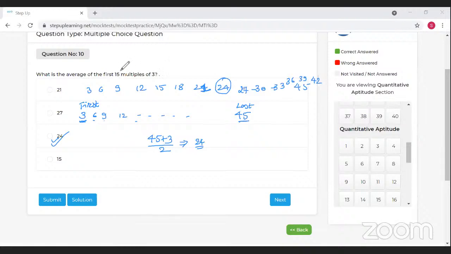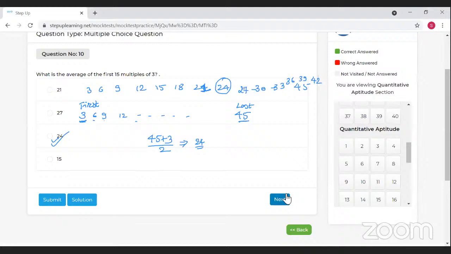First 15 multiples of 3 means what? 3 into 1, 3 into 2, 3 into 3, and so on up to 3 into 15. And 3 into 15 is 45. Got it? Okay. I hope this is clear now. Whenever it is an arithmetic progression, you can take the last term and first term and divide by 2. All right, fine.